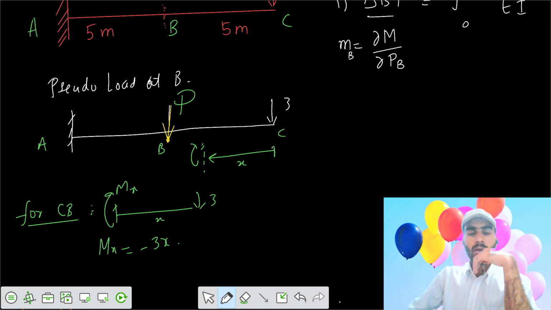you can write the moment equation for the part BA. If you write the moment equation for the part BA, the effect of that 3 kilonewton has to be also accounted in BA, because the effect would be there. So let's say you're cutting just before point B, to see the value of moment that would be transferred to point B. Say you cut a section just before the point load at B, so this is your 3 kilonewton at 5 meter.